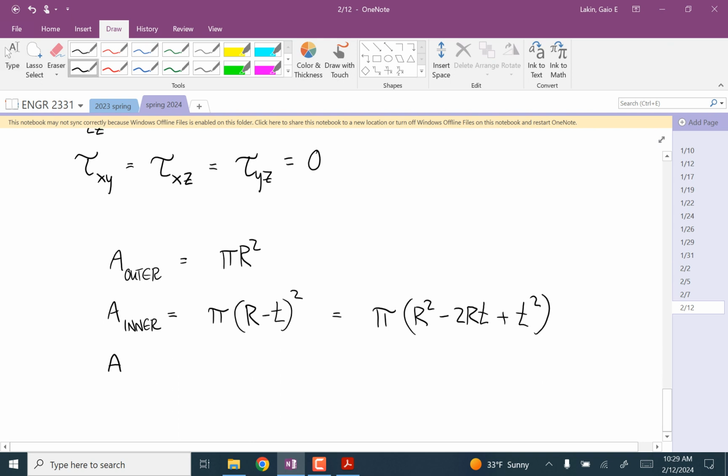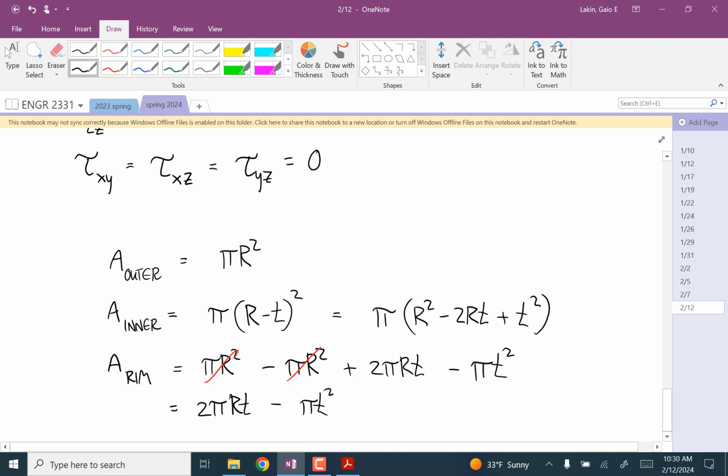And so the area of the rim would be pi r squared minus pi r squared, that part's good, plus 2 pi r t minus pi t squared. Those cancel, and you get 2 pi r t minus pi t squared.